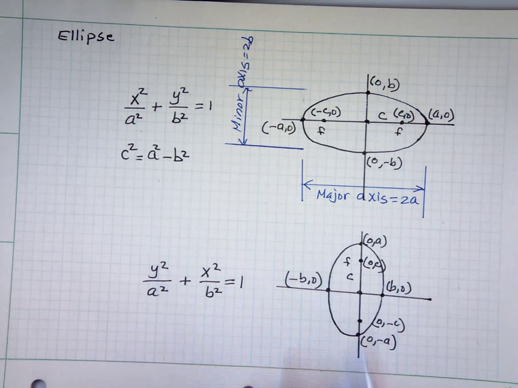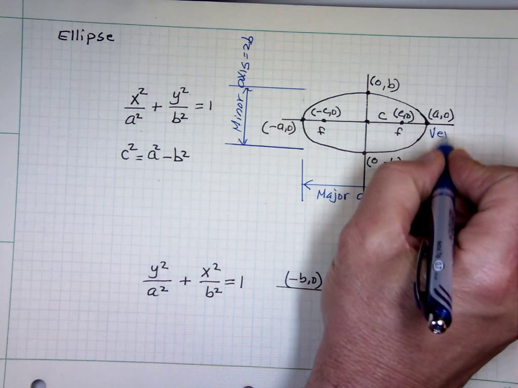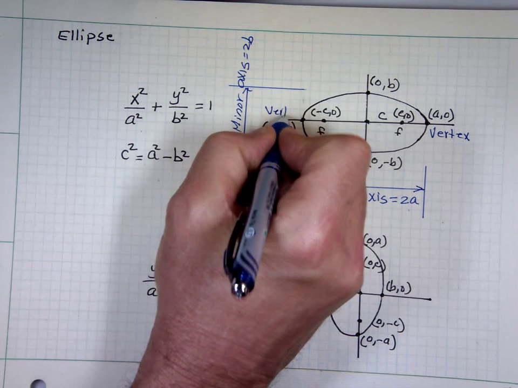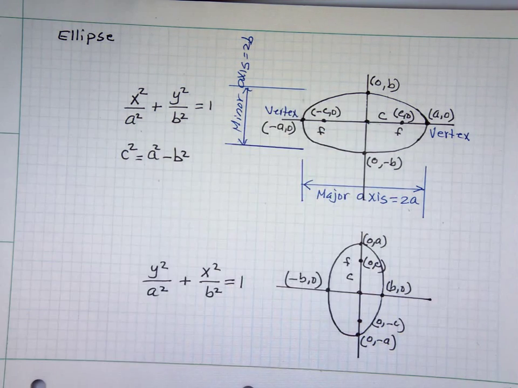This point is called the vertex. And there's another one here. And now we know everything about that ellipse. It's always centered at the origin, it's 0, 0.